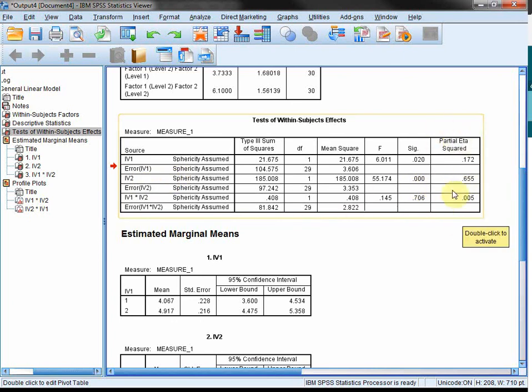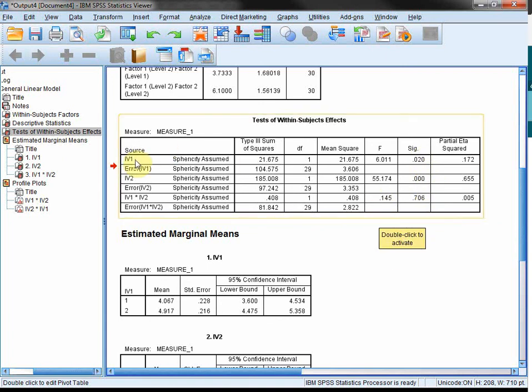Again, we need to be cautious about using partial eta squared in within subjects, but for the moment this just demonstrates notions of effect size in addition to understanding significance. So there is a main effect of IV2, and then if we look at the interaction effect, it looks like there is no interaction effect. So here we have our 2 main effects and interaction effect. These 2 are significant and this one isn't.